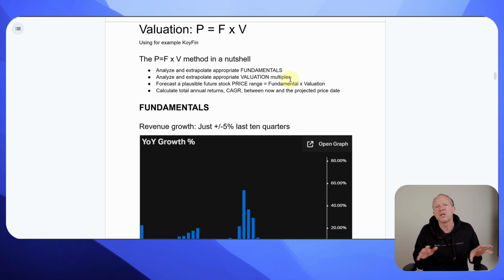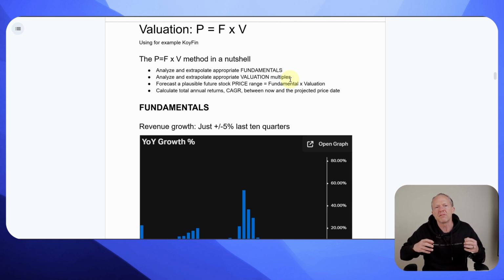Otherwise, we can typically simplify our analysis by going straight to price to sales or price to earnings rather than EV to sales and EV to EBIT. But those are just details, and you are always free to use the accounting details in order to make a slightly better analysis.